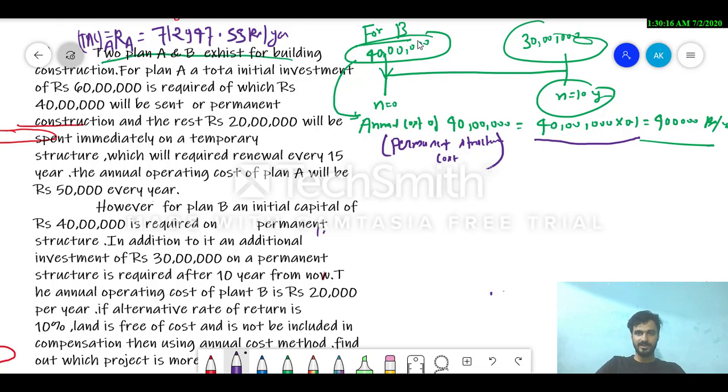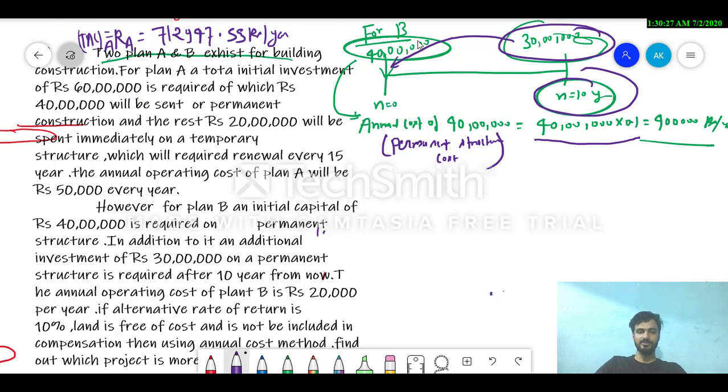Now understand one thing: you are going to invest 30 lakhs rupees after 10 years. So again you have to convert this amount into present value. The present value of 30 lakhs, that equals how much?